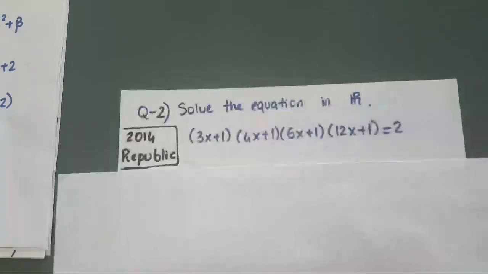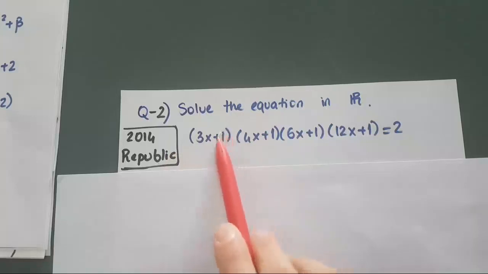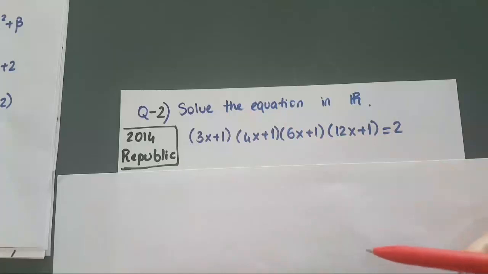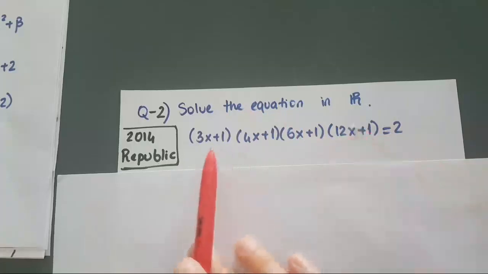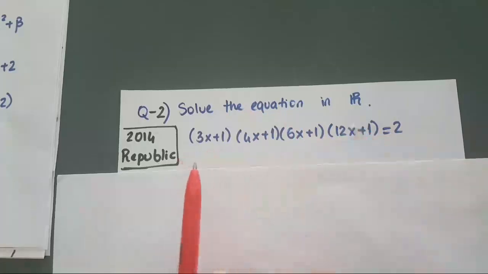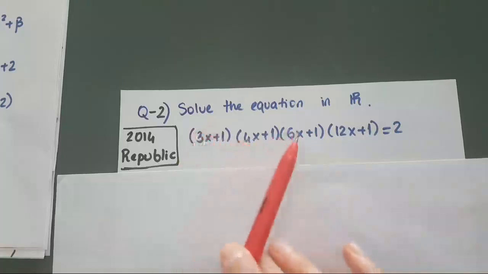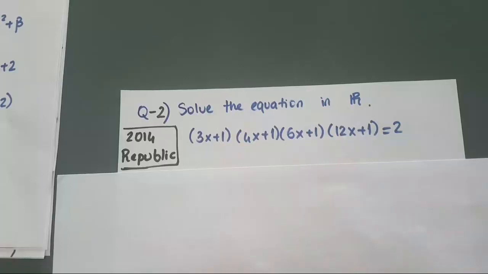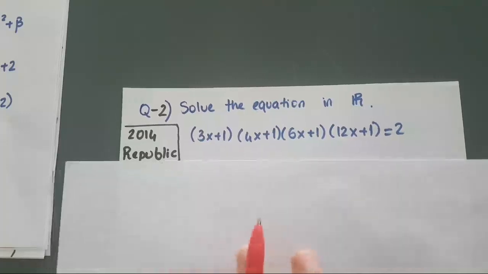Guys, if they were all 12x and the constants were different, it would be much easier to choose a helping variable. But they are not. So can I make them the same? Can I get a common coefficient here? 3, 4, 6, 12. What is the LCM of 3, 4, 6, and 12? It is 12, right?